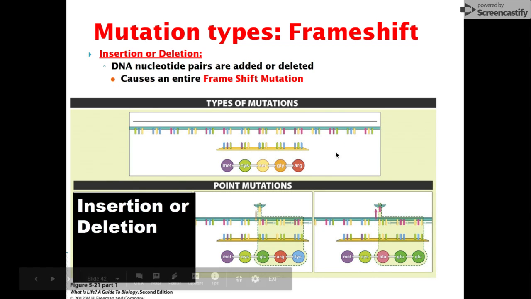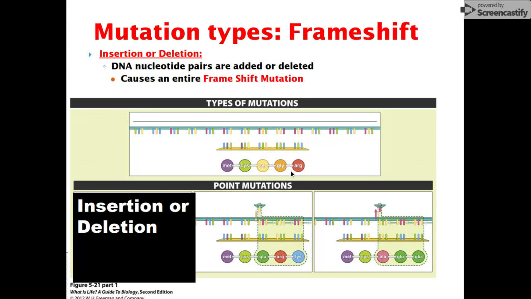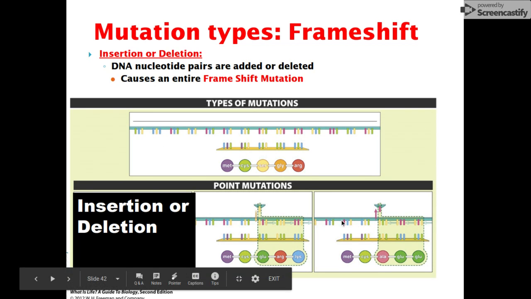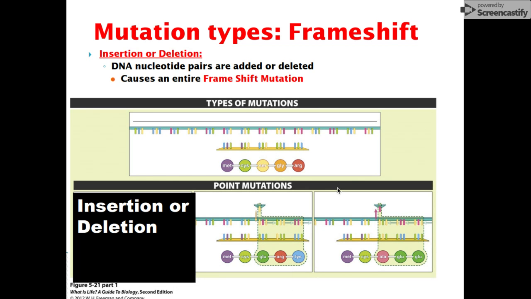And so what we see is if we get this insertion or deletion, comparing it to our model up here at the top, it's going to change every single amino acid that follows that insertion or deletion. So we aren't just changing one amino acid here, we're changing everything down the line. This can have huge impacts on the function of a protein. Okay, so not good to have a frame shift mutation.